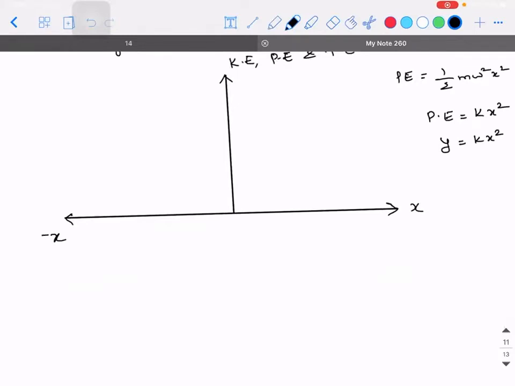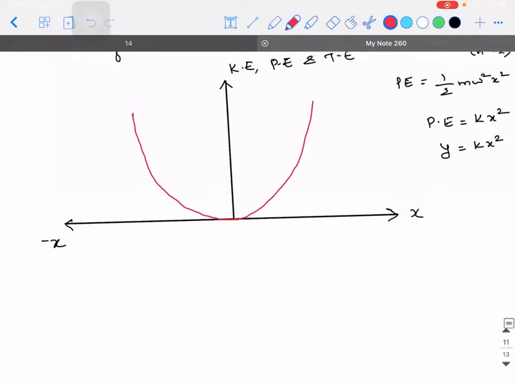What shape does a quadratic equation represent? Parabola, sir. It's an upward parabola. Right. So y is equal to kx square represents an upward parabola. So this is the graph for potential energy.